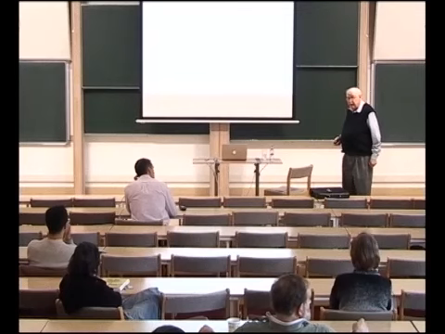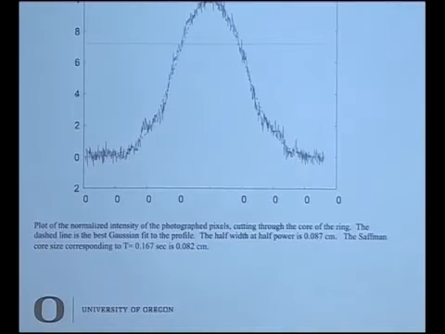Then another way you could measure it is you could fire a laser beam through the core as it passes, and you can measure the amount of attenuation of light as the thing passes through.